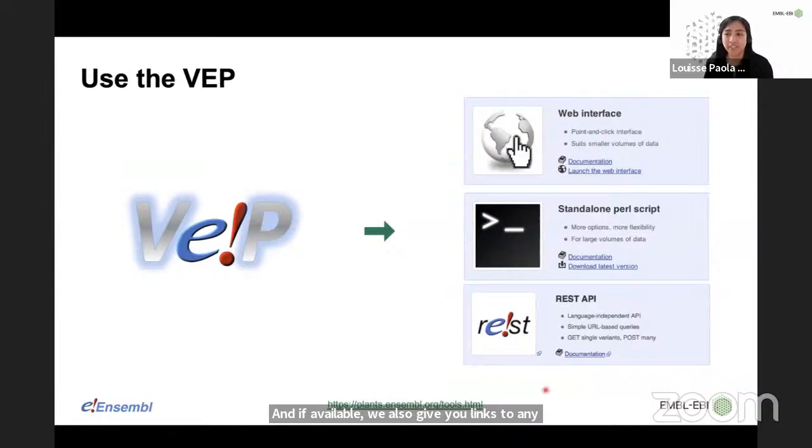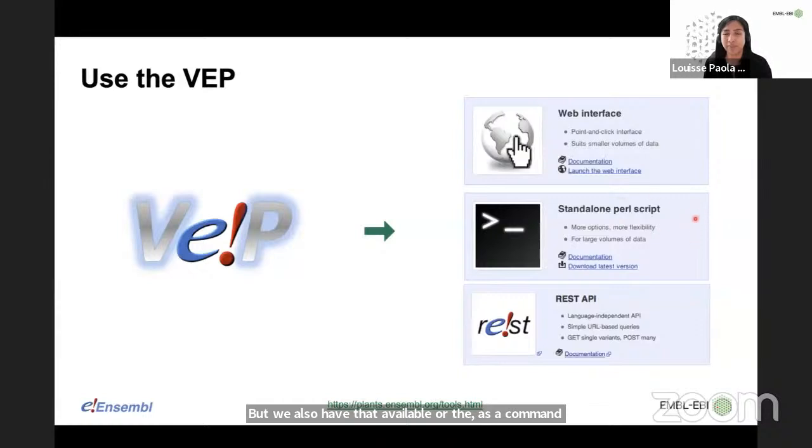There are three different interfaces for VEP. You can use the web interface, which we are going to use today. This is especially useful if you are just looking at a small number of variants, let's say 200, and you just want to have a quick look and see what the effect is. We also have VEP available as a command line version.